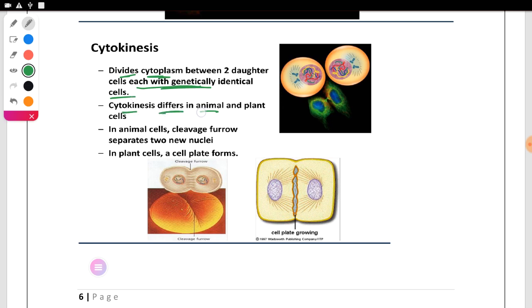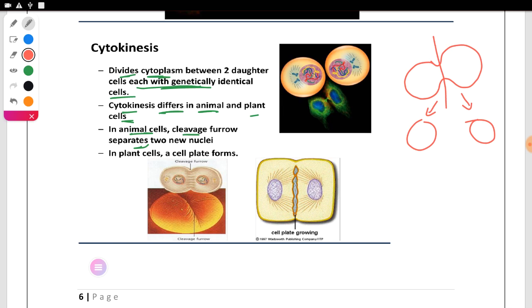Cytokinesis differs in animal and plant cells. In animal cells, a cleavage furrow separates the two new nuclei. In plant cells, a cell plate forms. So again, I will say this part again. Here in the cytokinesis, these are the two daughter cells. They will be broken down and give you two cells.